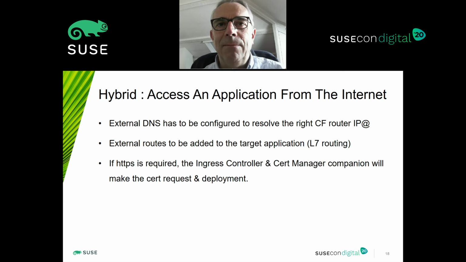In Cloud Foundry, the external routes will be added to the local routes to permit the L7 routing in the router. As well, if you implement HTTPS, the Ingress Controller and its Certificate Manager companion will manage the certificate requests and their deployment.